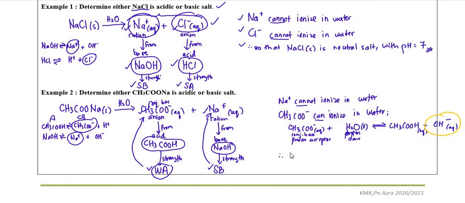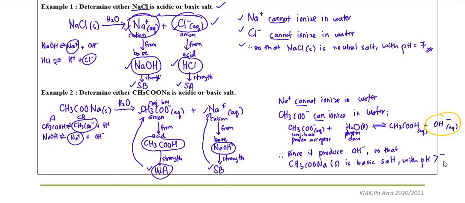Since it produce OH minus here, so that CH3COONa, garam itu, is basic salt with pH greater than 7.